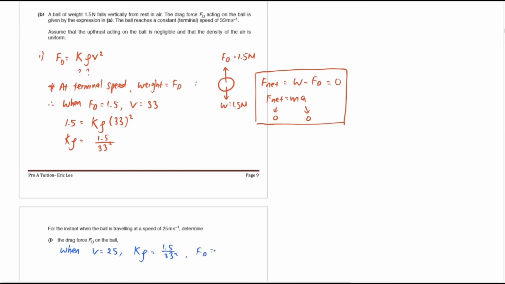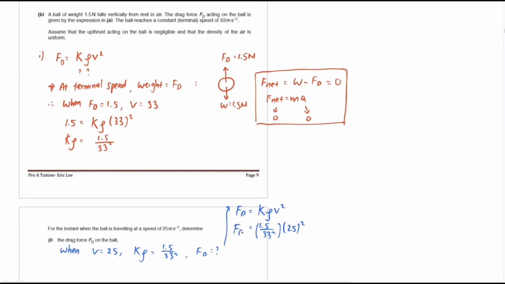Find the Fd. So Fd equals K rho V square, where K rho is 1.5 over 33 square, and the current V is 25, so 25 square.